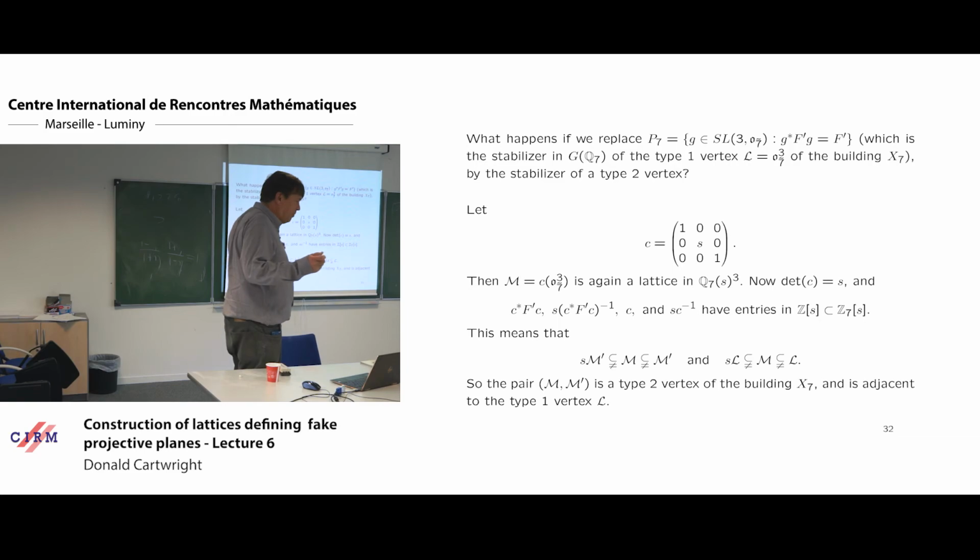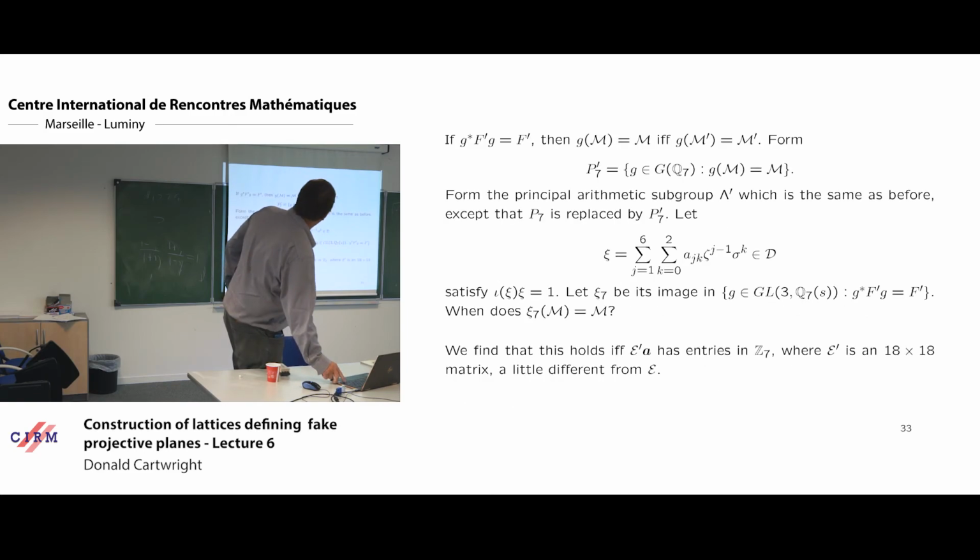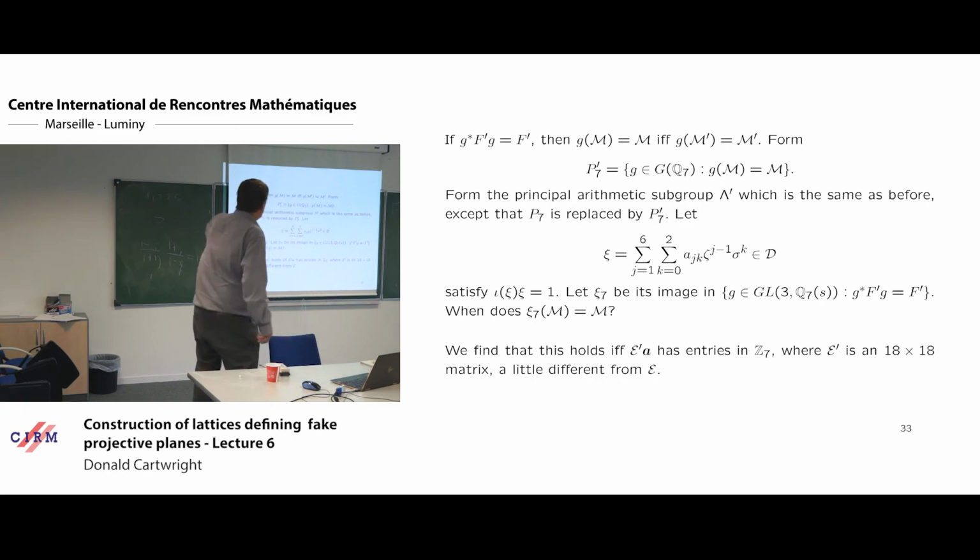leave all the other P sub Q's the same, and you ask what it means. You don't change any of the other P sub Q's, but you replace P sub 7 by this one, and you look at an element of the division algebra satisfying this, and you ask, when does it fix this lattice?